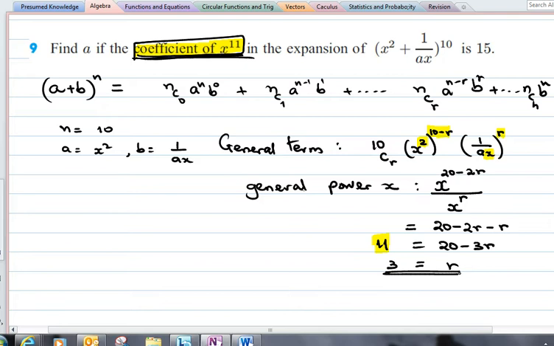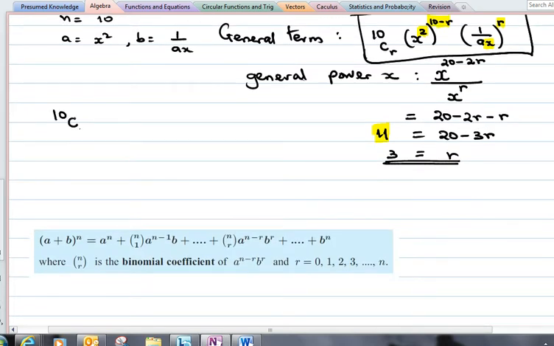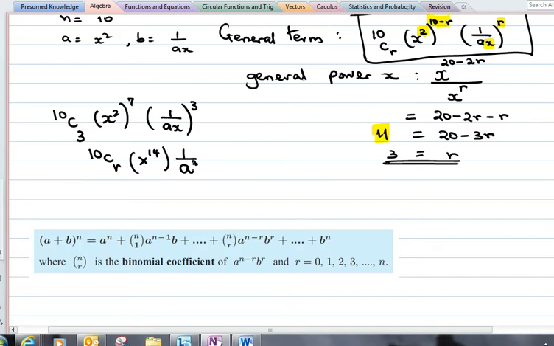After finding the value of r, then we go back to that expression and replace the value of r, that is 10C3 (x squared) to the power of 7 and (1 over ax) to the power of 3, and that is going to be 10Cr x to the power of 14 times 1 over a cubed x cubed, which is 10C3, sorry, 10C3 times 1 over a cubed.